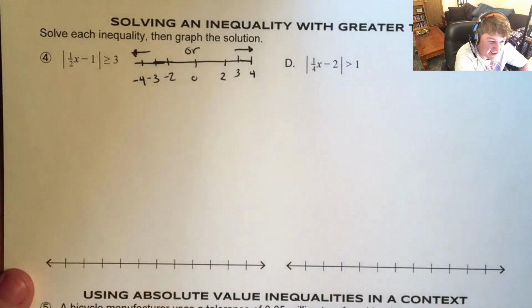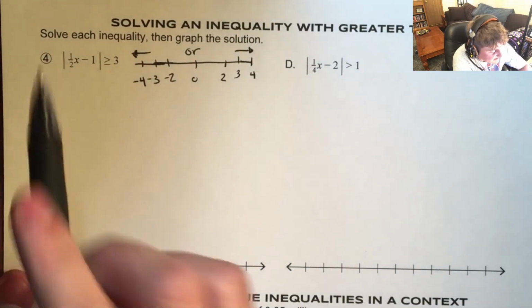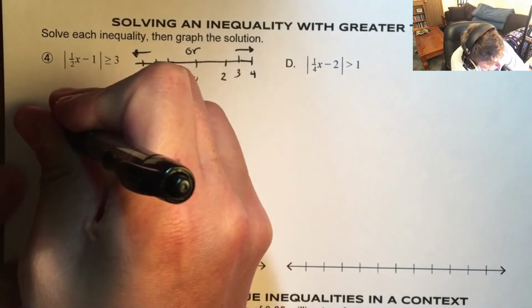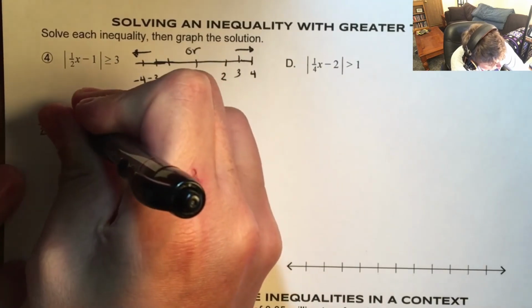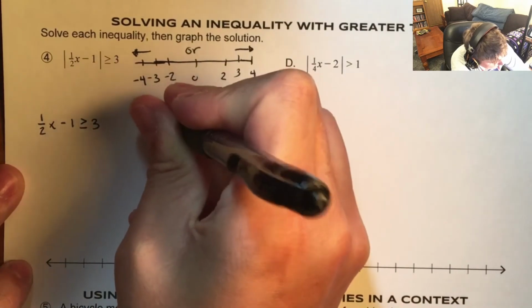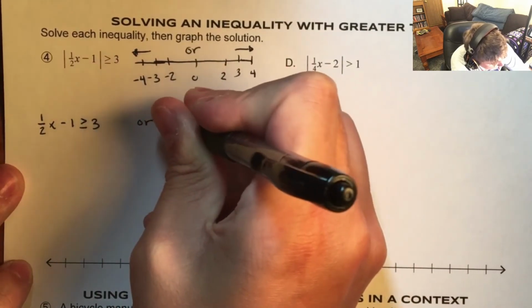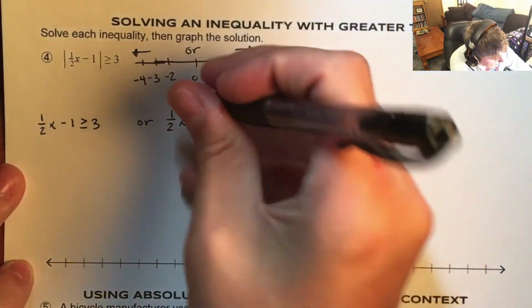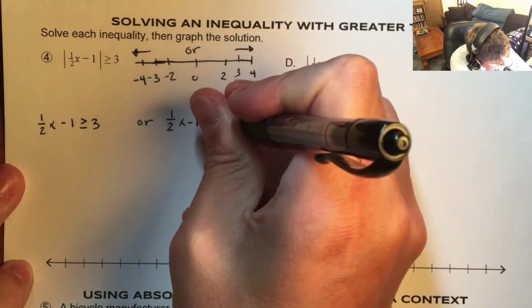The process ultimately ends up being the same. We take this inside part: a half of x minus 1 is greater than or equal to 3, or a half of x minus 1, switch your sign, negate the number, is less than or equal to -3.